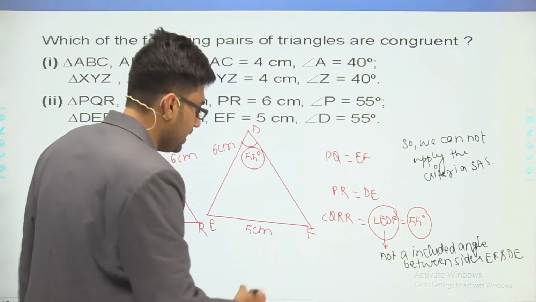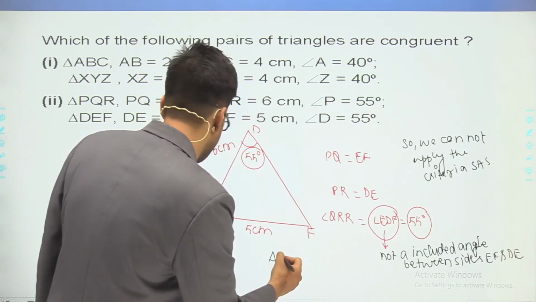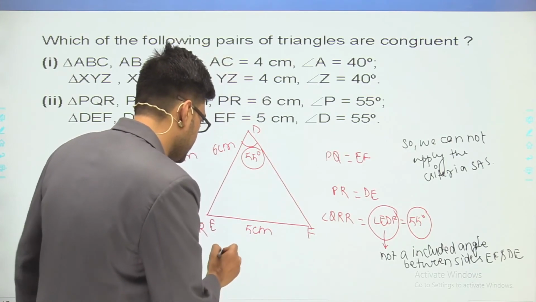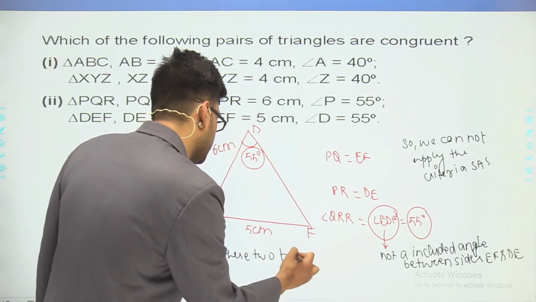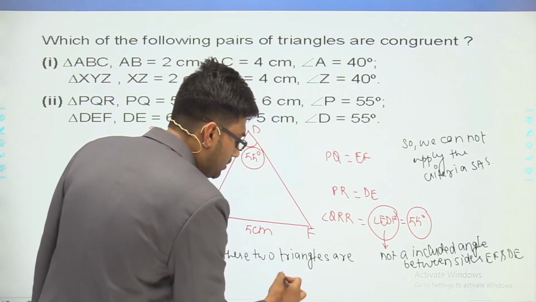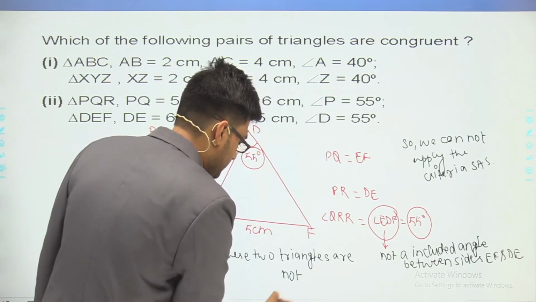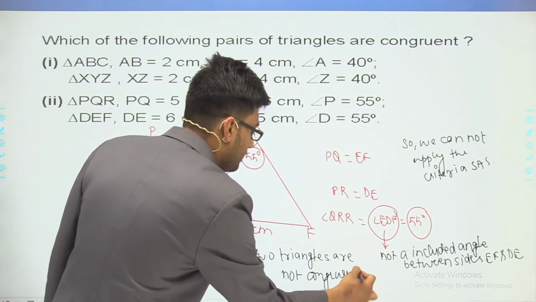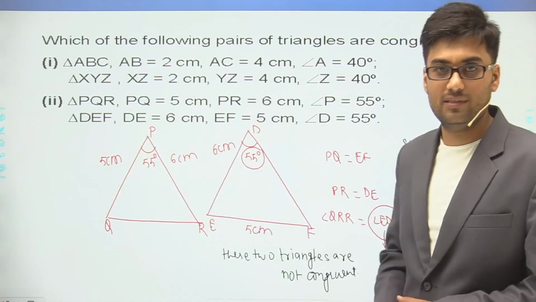So we can say that these two triangles are not congruent. Clear? So students, I hope you understand both parts of this question.